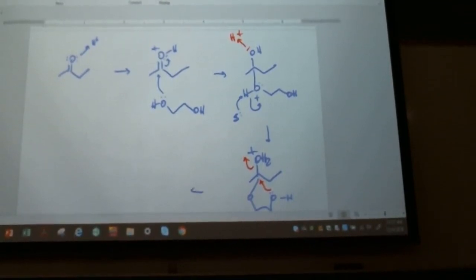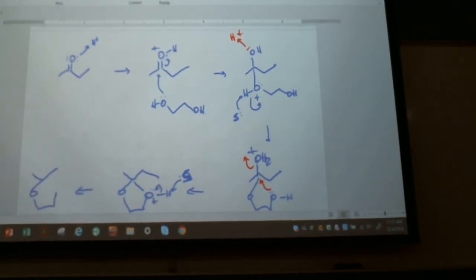And now you're almost there, except of course we need some solvent coming in, abstracting this hydrogen, and now I have the product.